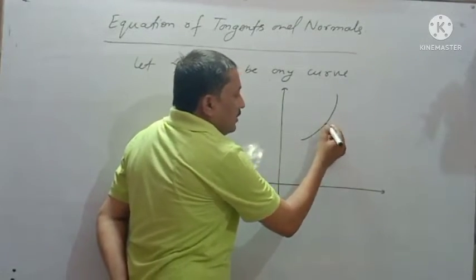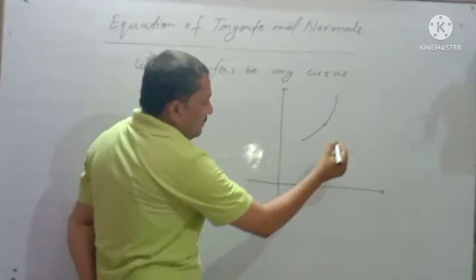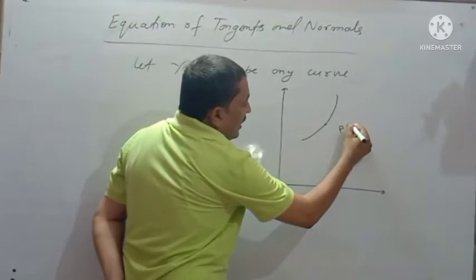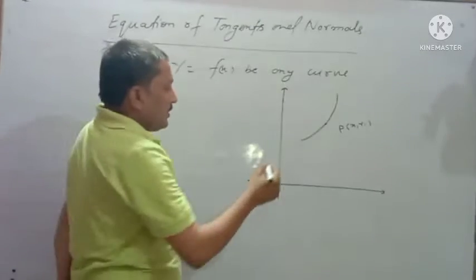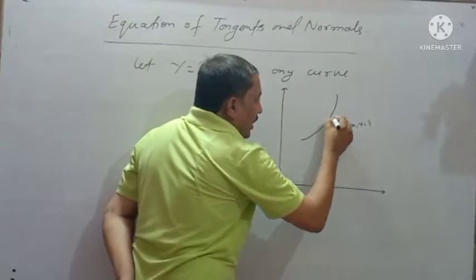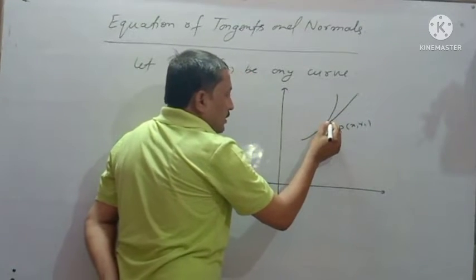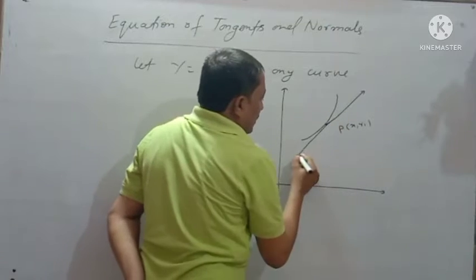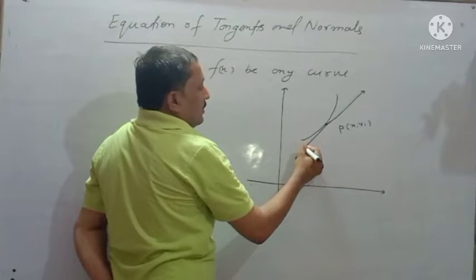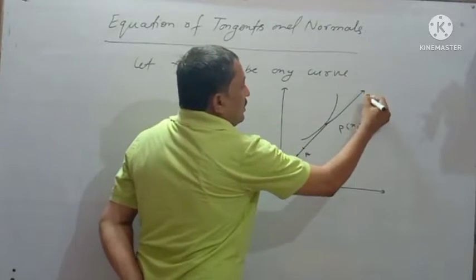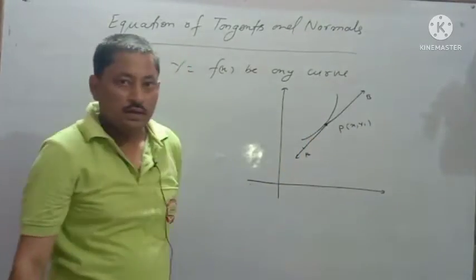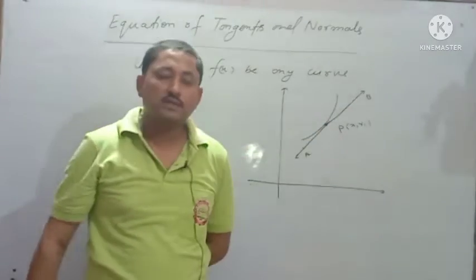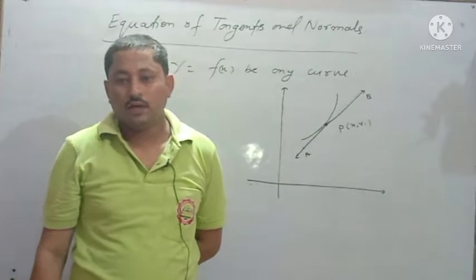In the curve, take P to be any point (x1, y1) on the curve. Draw a line AB which passes through the point P. This line is known as the tangent of the curve.